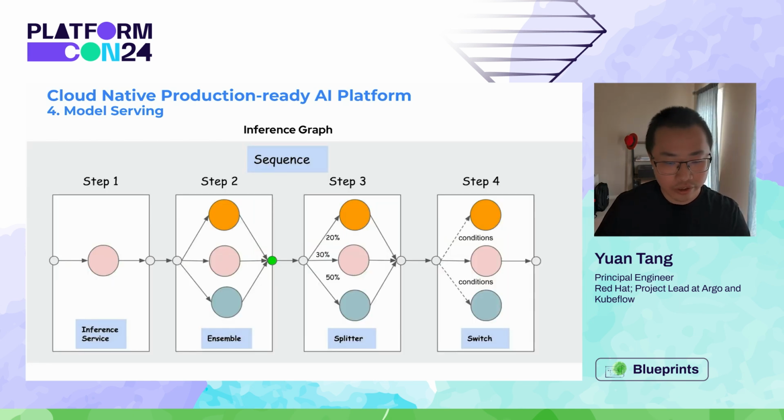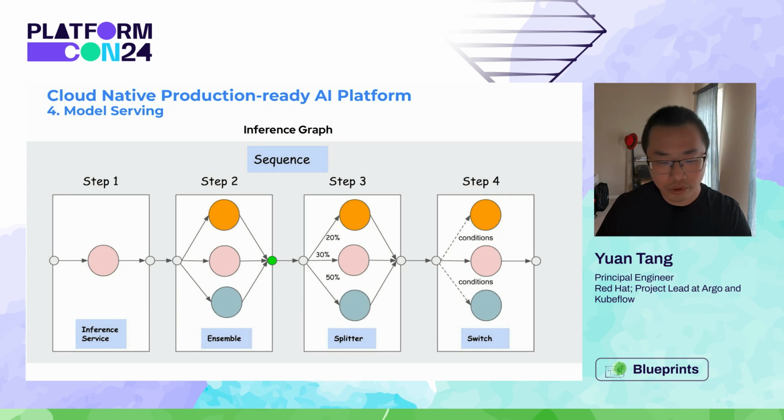KServe has unique strengths for building a distributed inference graph: an auto-scaling graph router, native integration with individual inference services, and a standard inference protocol for serving multiple models. KServe leverages this strength to build an inference graph and enable users to deploy complex machine learning inference pipelines to production in a scalable way.